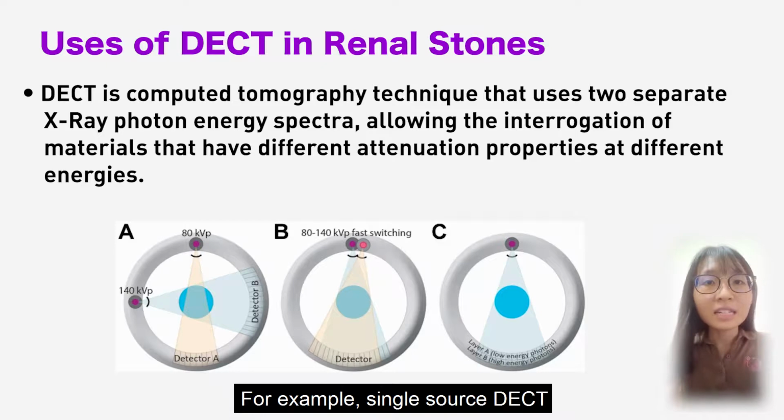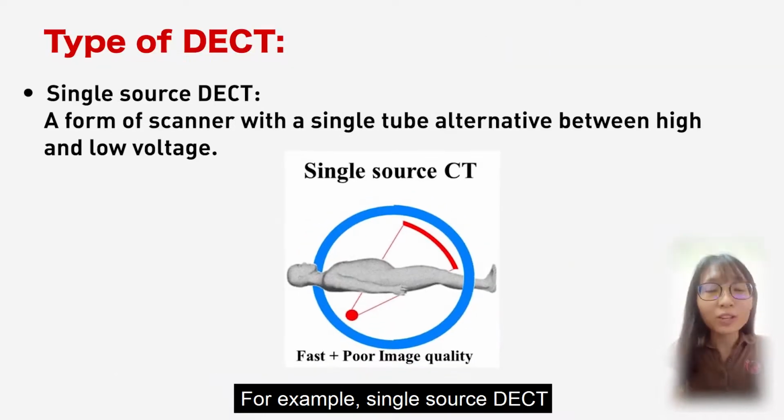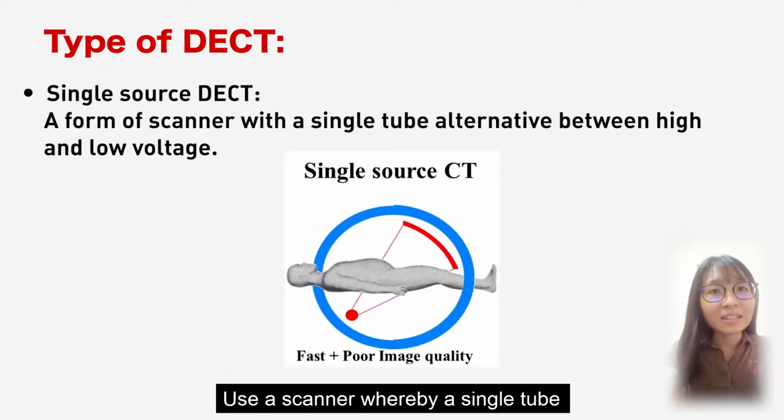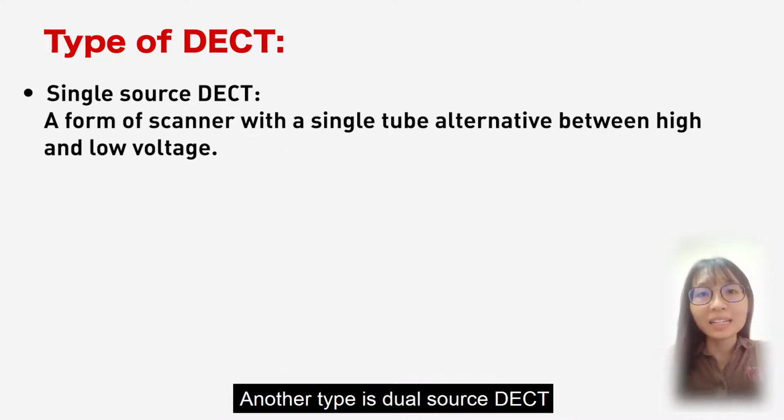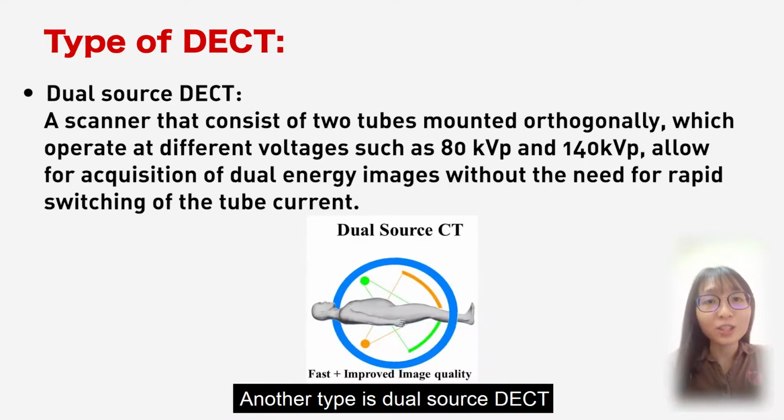For example, single source dual energy CT uses a scanner whereby a single tube alternates between the high and low voltage. Another type is dual source dual energy CT.